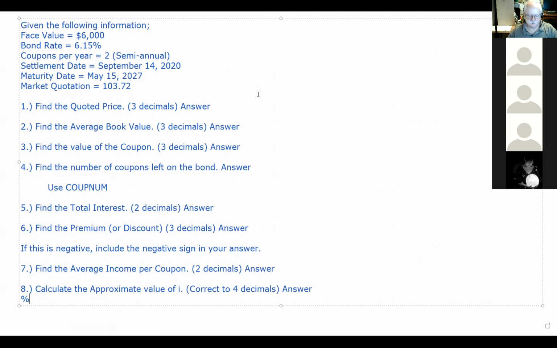So let's take a look at the formula sheet to remind ourselves what we're doing here. So find the quoted price, multiply the market quote by the face value. So this is the market quote here.